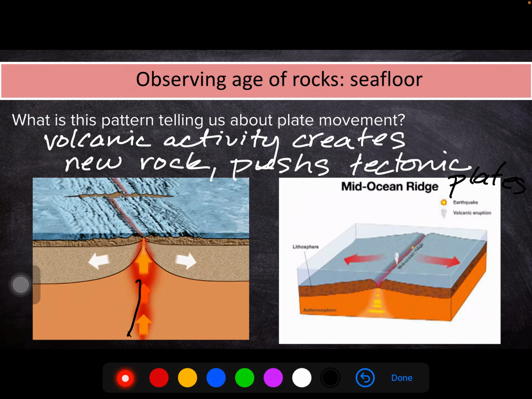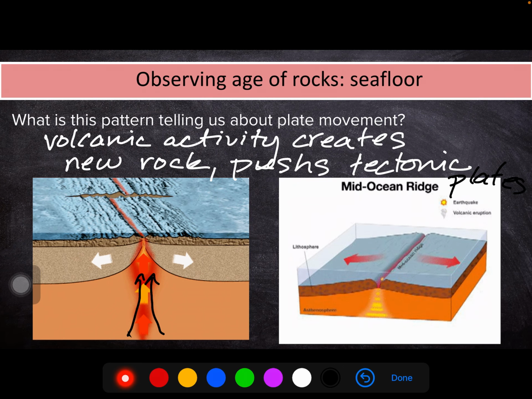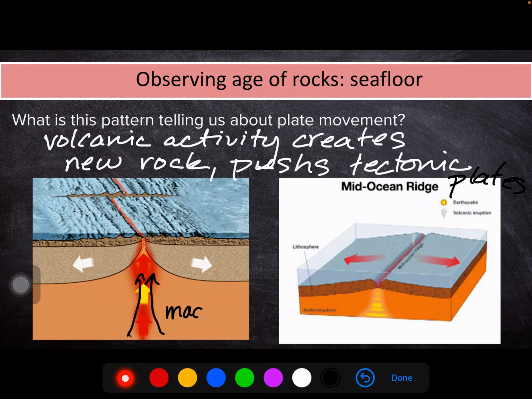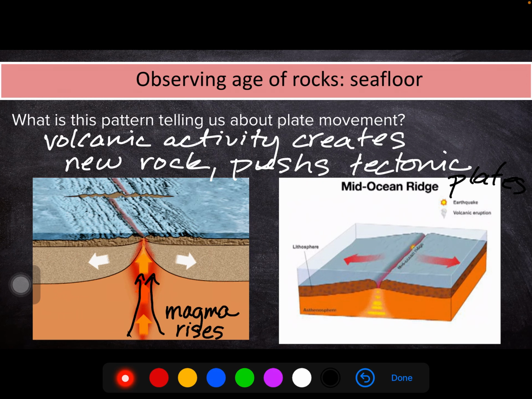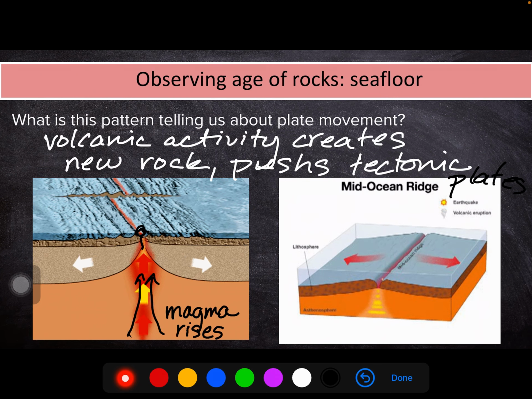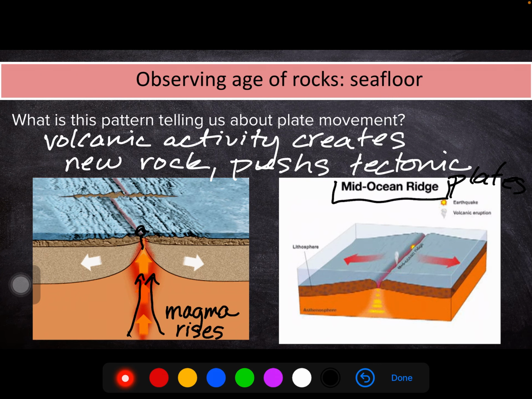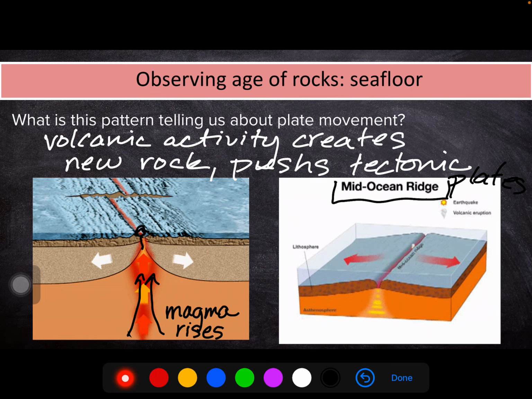So like on this image, we're seeing this volcanic material come up. We know that it's called magma when it's underneath the crust. Magma rises, pushes out at that mid-ocean ridge, that spot in the middle of the ocean where all the youngest rock is at.